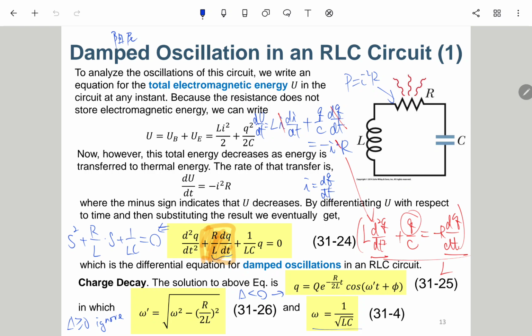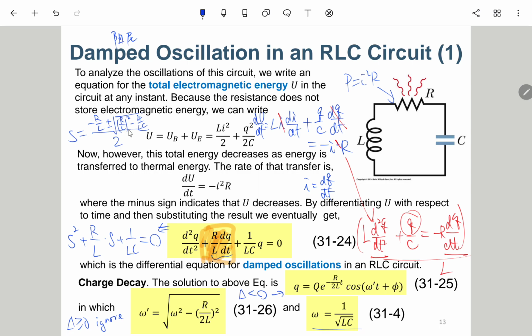Because S will be 2, and then negative R over L, plus or minus the square root of (R over L) squared minus 4 over LC. So this is S, and of course this stuff is less than 0.